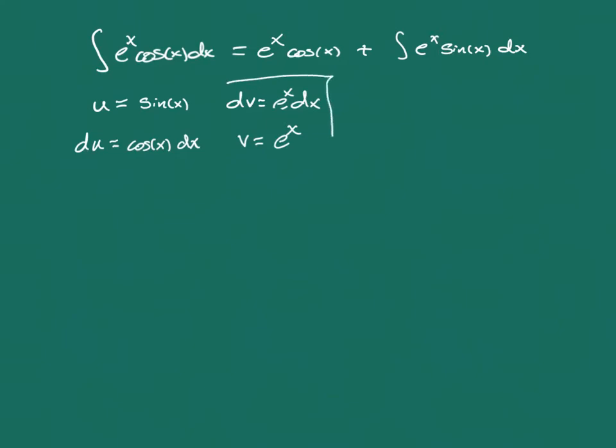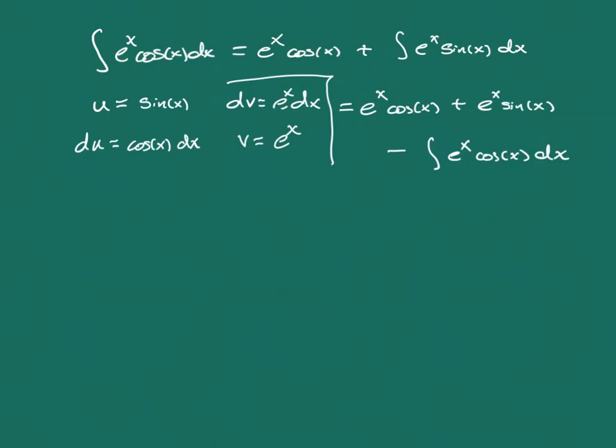Applying our integration by parts formula again, we've got what we started with, e to the x cosine of x, plus now u times v, which is e to the x sine of x, minus the integral of v du. So v du was our e to the x cosine of x dx.